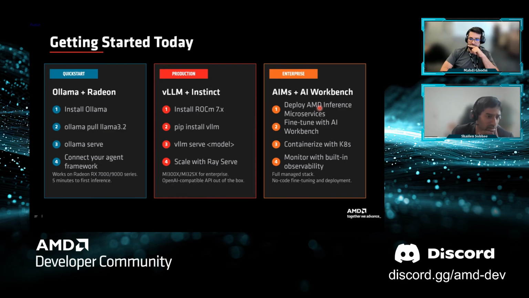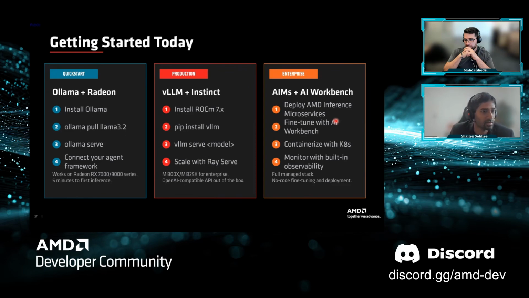You can containerize with Kubernetes, monitor, and basically have the full stack of understanding where your containers are and how they are used, and so on. So basically, from the smallest hardware, the client edge device, all the way to the cloud and the enterprise, we have the tools and the right hardware for that.